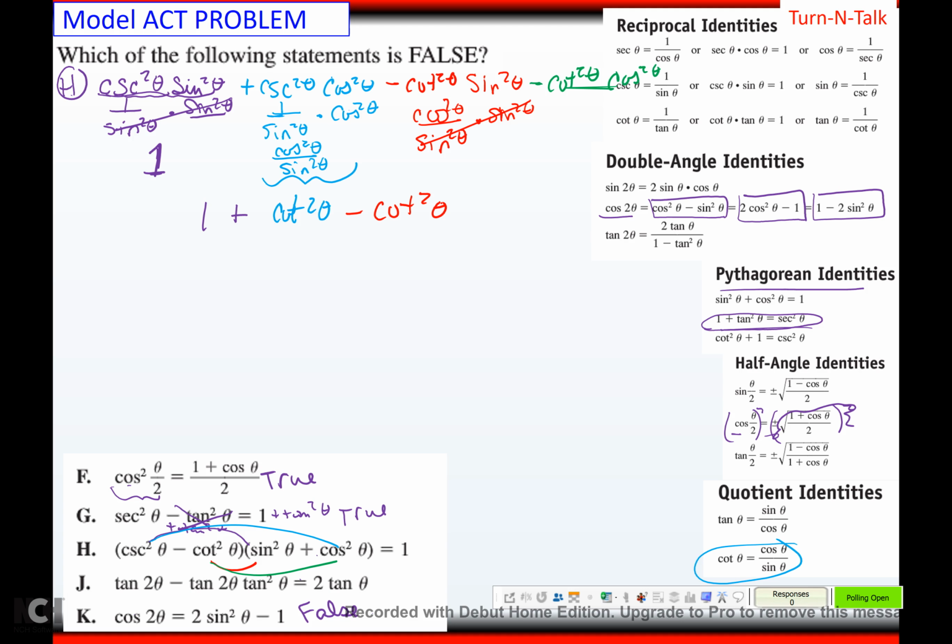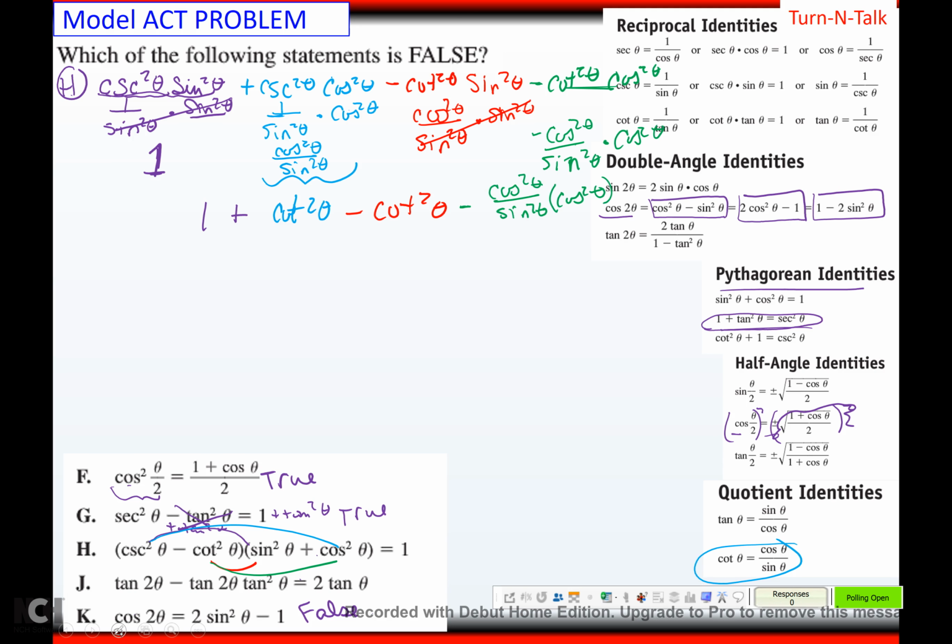Then my green, I'm going to leave it written as, cotangent I can rewrite as cosine squared theta over sine squared theta times cosine squared theta. I could multiply that and get cosine to the 4th theta, but that isn't going to help me. So I'm just going to leave that written as minus cosine squared theta over sine squared theta times cosine squared theta.